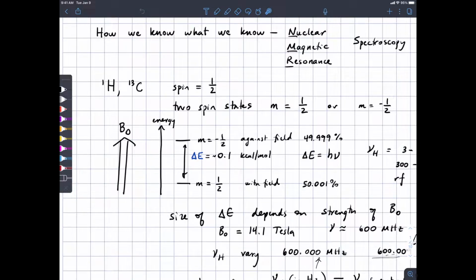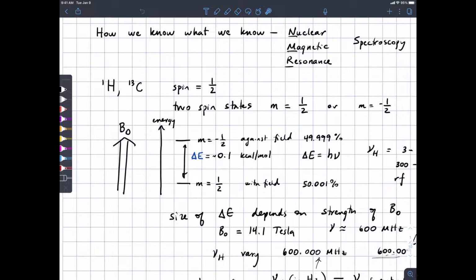In the absence of a magnetic field, those spin states are equal in energy. But if you apply an external magnetic field, the two spin states split. One is lower, one is higher. You can think of the lower energy one as being aligned with the magnetic field, and the higher energy one as being aligned against the magnetic field.